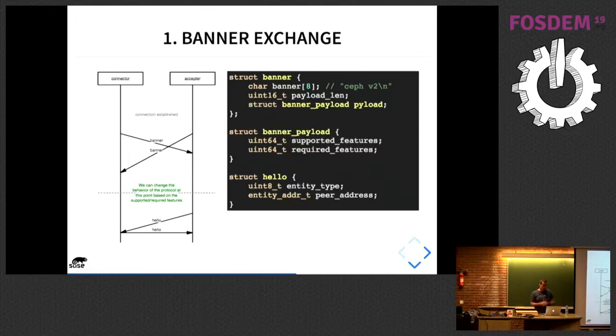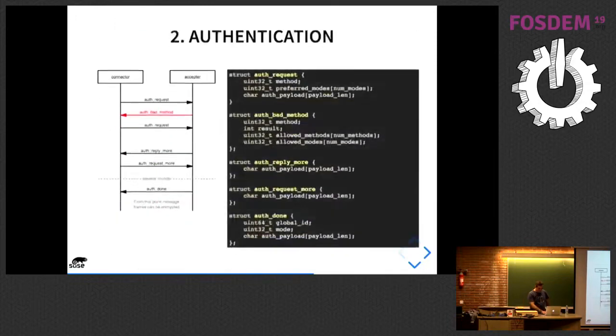After the banner exchange, they also exchange information about what kind of entity they are, so if they are OSDs or MONs or clients or MDS or the manager, and they also tell each other what is the address of the peer. Okay. I will not go into details why we need this information, but that's how it works right now.